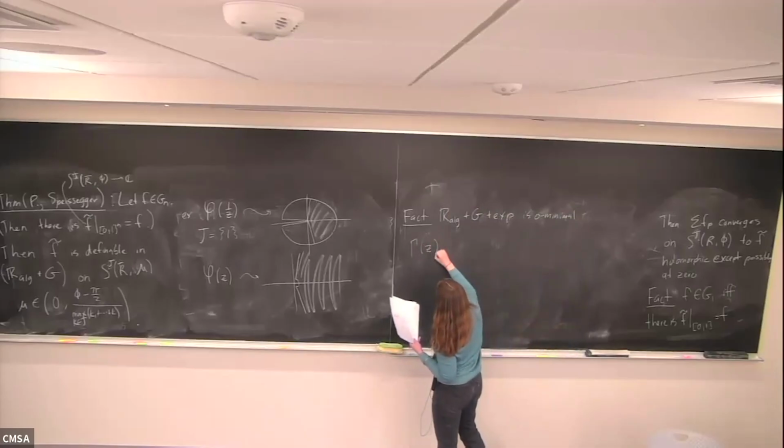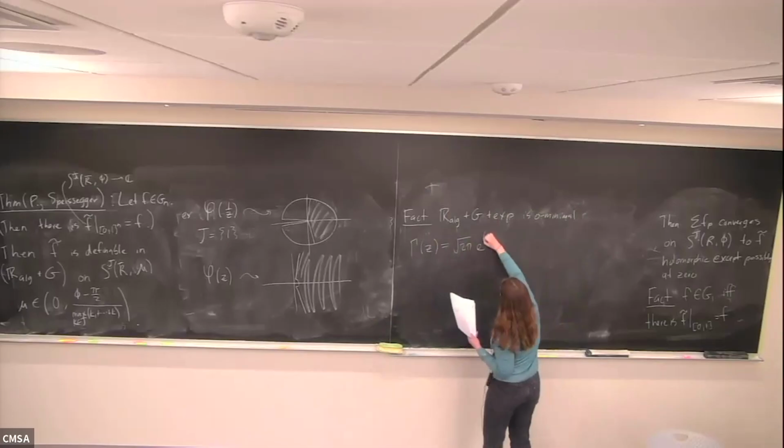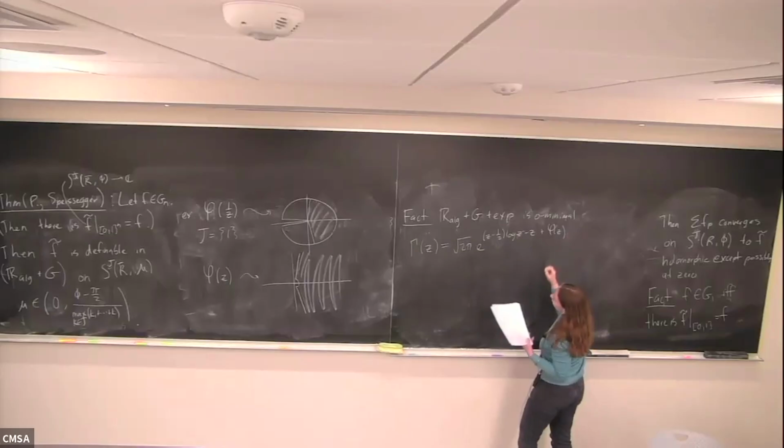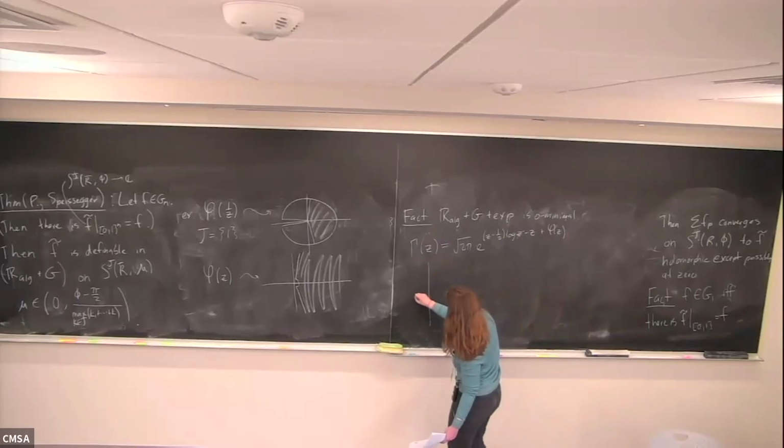Which means that you can use Stirling's formula to define the gamma function on unbounded domains, which look like this picture here.